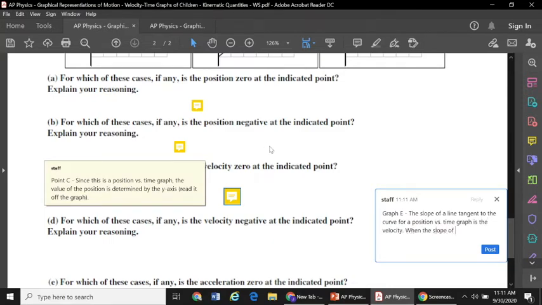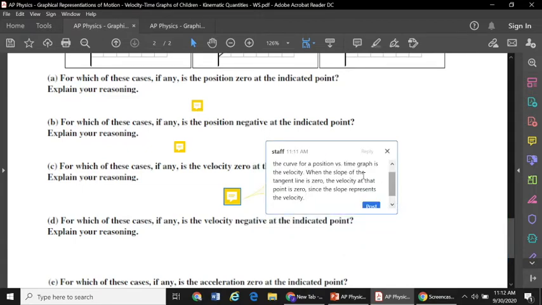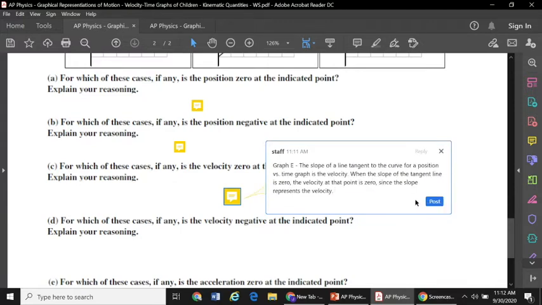When the slope of the tangent line is 0, the velocity at that point is 0, since the slope represents the velocity. That's the idea here. I think that's pretty straightforward. Once you get the hang of this, I think you'll find that that's pretty easy. The slope of the tangent line gives you the velocity, so you sketch in your tangent lines and you look at what's happening.